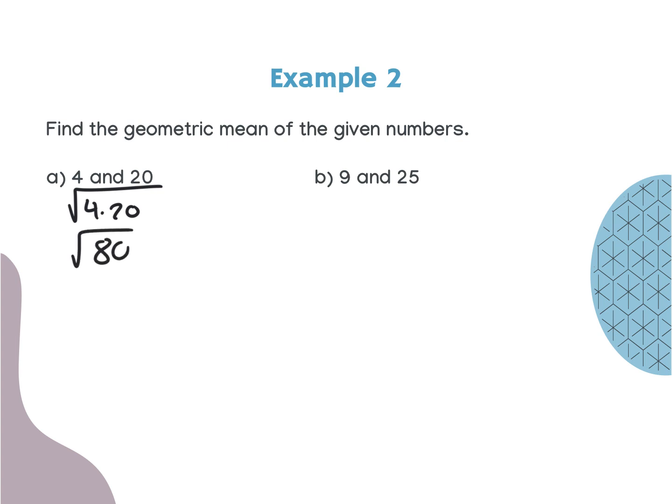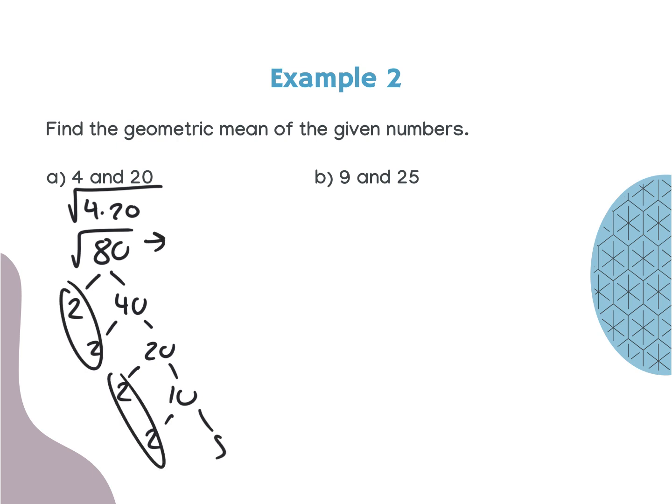Now, we do want it in the simplest form. So I'm actually going to go ahead and start doing the factor tree. Now, if you do it a different way, that is fine. This is how I learned it. So we get that the root 80 factored out is actually going to be 4 root 5. So this would be your answer at the end.